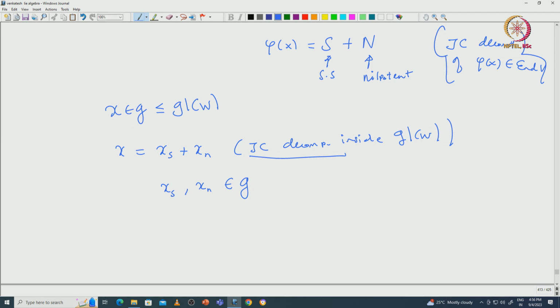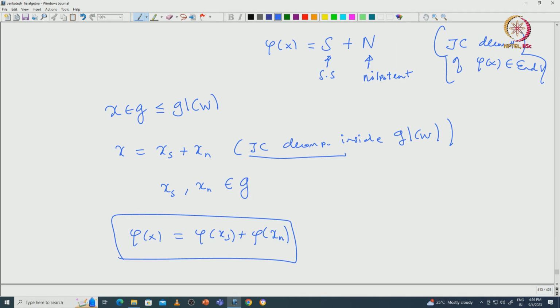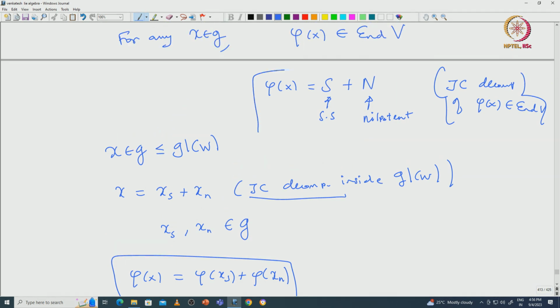Not only that, we have phi of x equal to phi of x_s plus phi of x_n. This gives a decomposition of phi of x into two maps, and we will prove that this decomposition coincides with the decomposition you get from the Jordan-Chevalley decomposition of phi of x inside endomorphism of V.